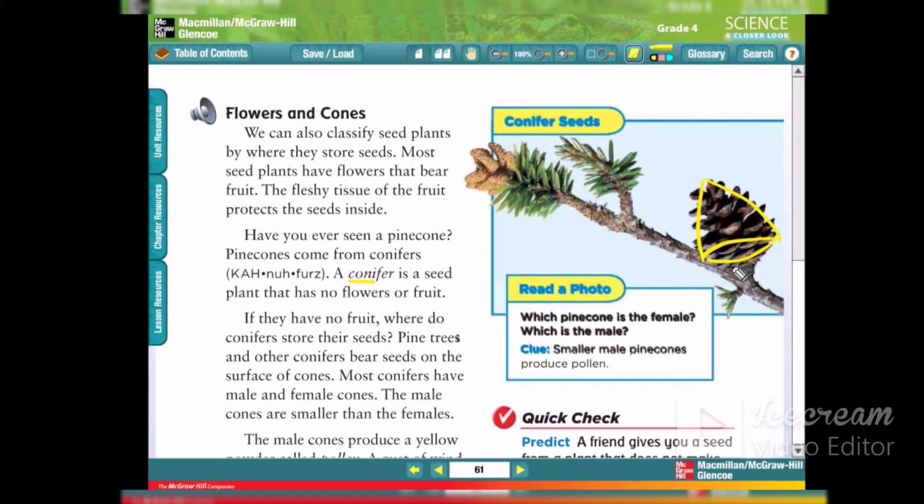All of these plants have the same cone shape, because of that we call it coniferous plant. The coniferous plant has the shape of a cone. And as I told you, no flower, no fruit, but it has seeds, reproduced by seeds.